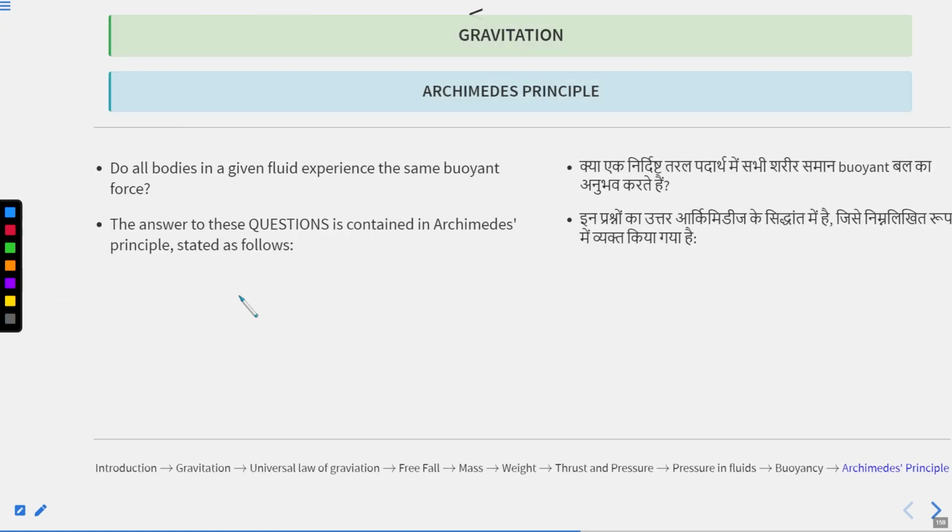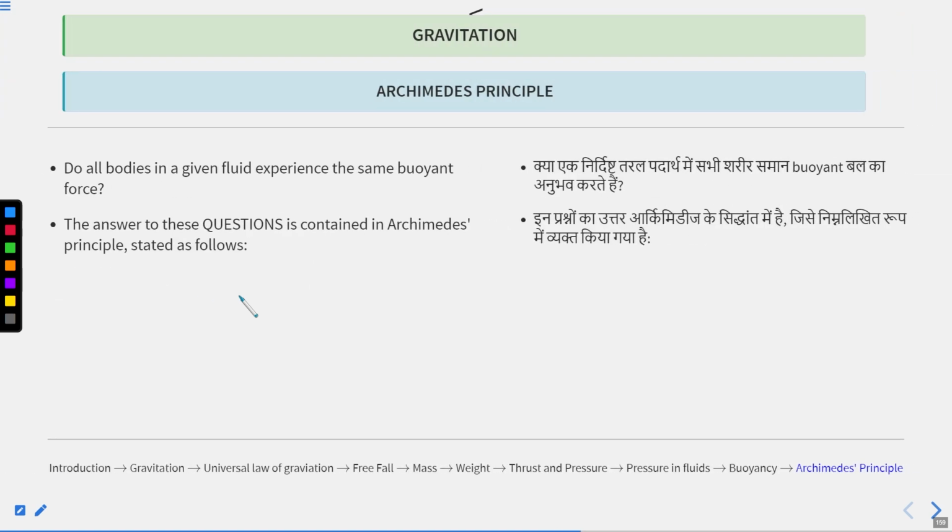Let's see how. Do all bodies in a given fluid experience the same buoyant force? Will I and this pen both experience the same buoyant force if we are both immersed in water? To answer this question, we first have to understand what Archimedes' principle is.